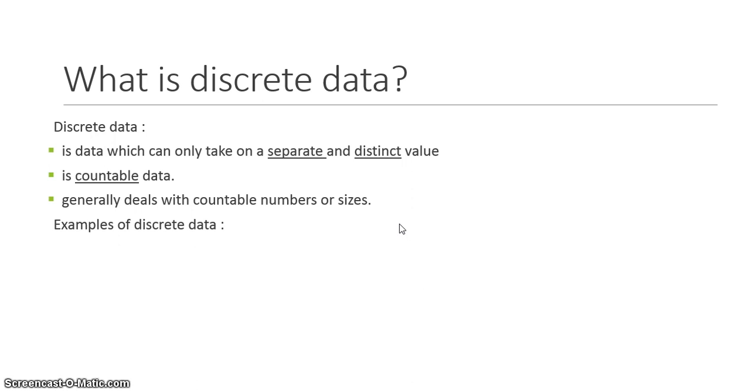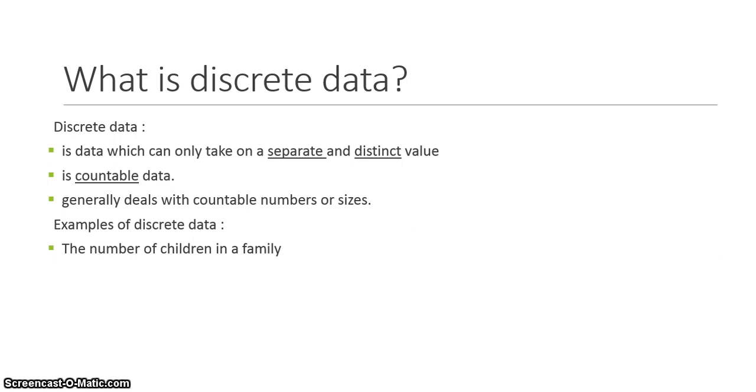To give you some examples of discrete data, the first one is the number of children in a family. This is an example of discrete data because to collect this data and find out the number of children in a family, I have to count to get the final number. Any data which is collected by counting is discrete data.